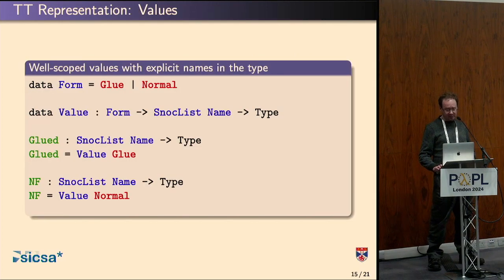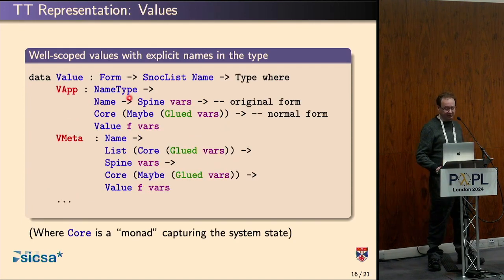So it looks a bit like this in values. Here's an application to a spine. We've seen that today. After we've evaluated it, we've got an application node that will be the function name. There's actually a bit more going on here; I've simplified this a little bit, but it's the name applied to its arguments.